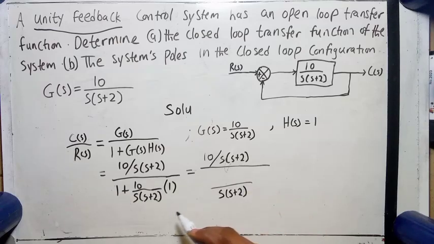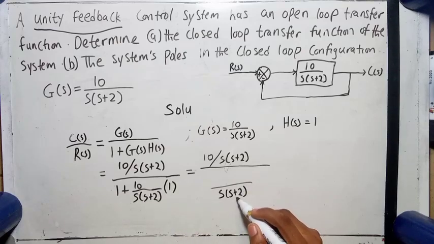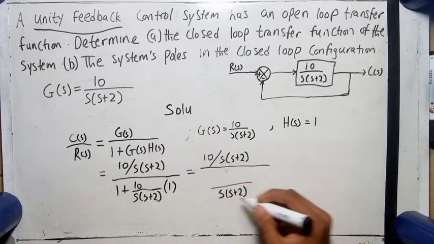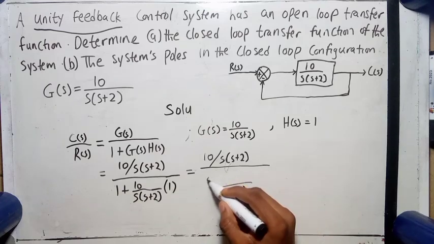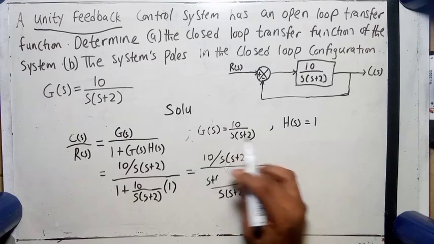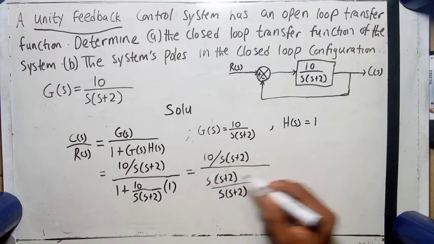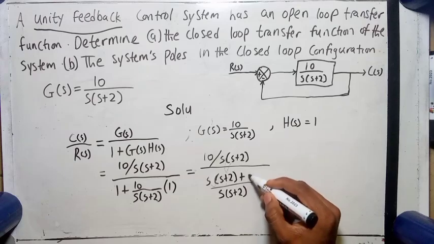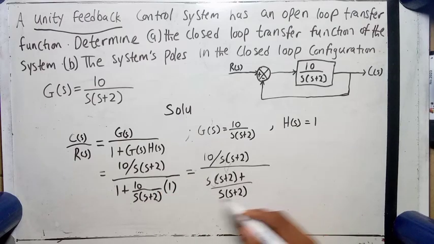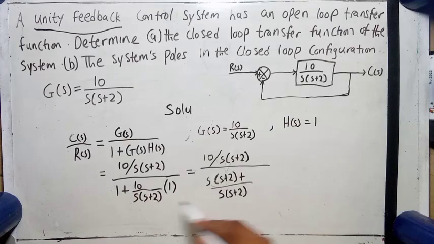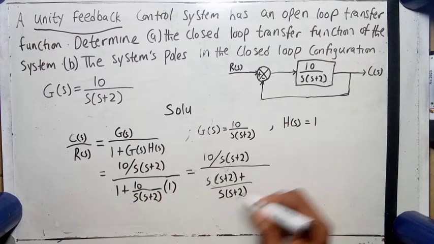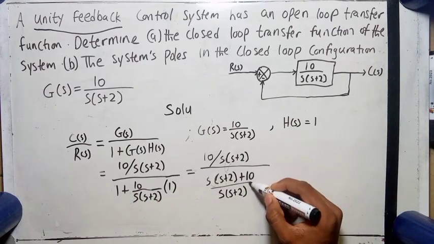Now 1 divided by this is this times 1, and how you choose to put it. This times 1, we have S bracket S plus 2, then plus 10. S bracket S plus 2 divided by S bracket S plus 2, we have 1. 1 times 10, we have 10.